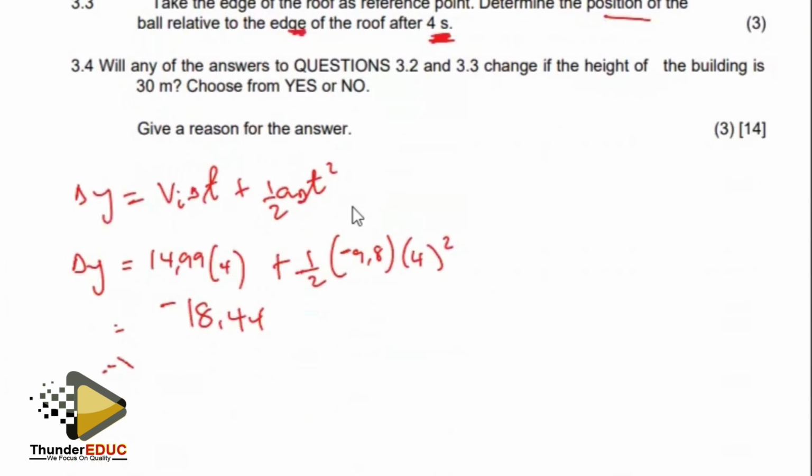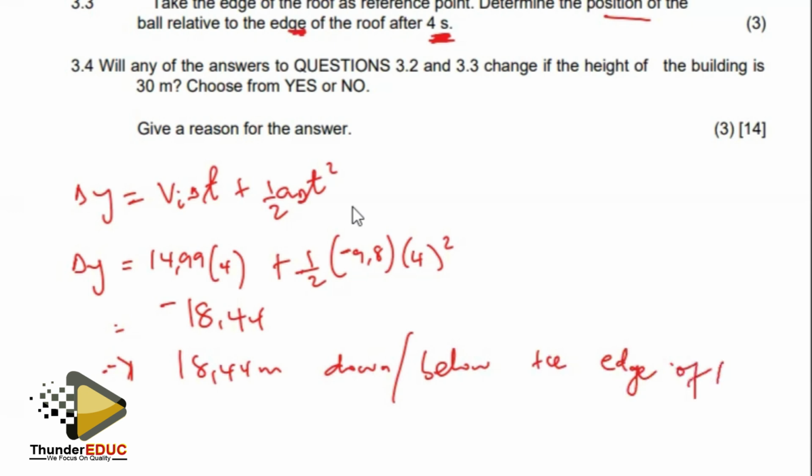So we interpret the negative sign as telling us the position is 18.44 meters downwards, or below the edge of projection.